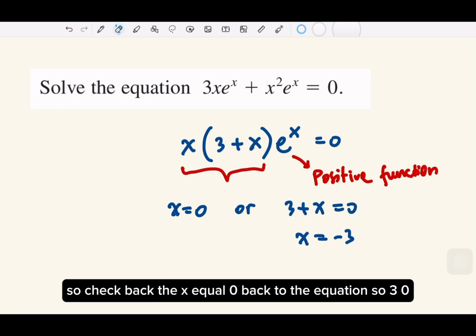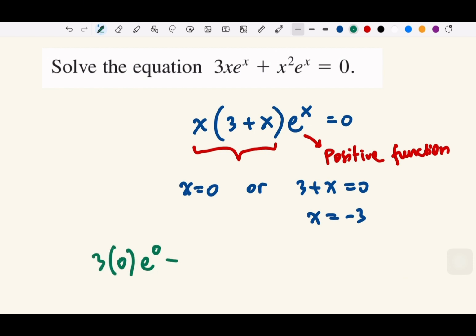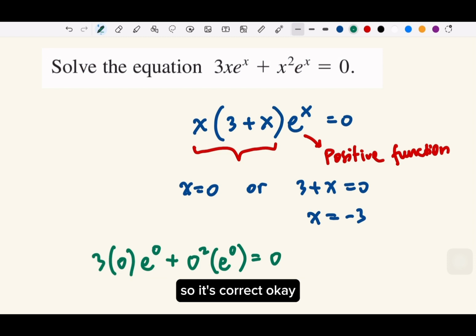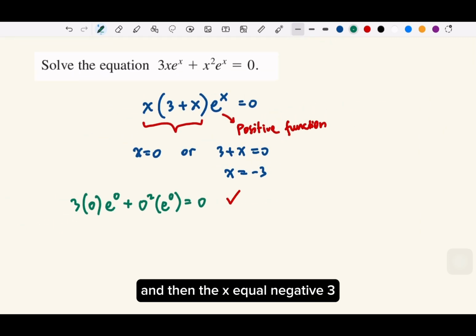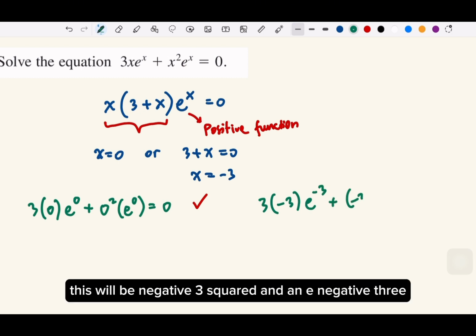So check x equals 0 back in the equation. So 3 times 0, this will be 0 plus 0, and this 0 is true. So it's correct. Then x equals -3: we check 3 times -3 times e to the -3, plus this will be -3 squared times e to the -3.